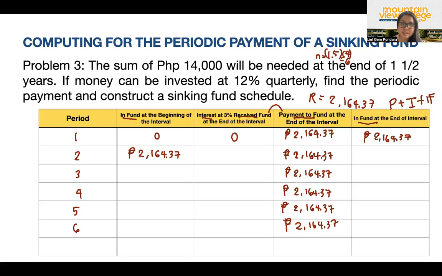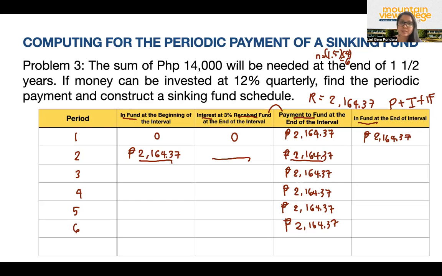So these three, you add. Let me check again. 64.93. Yes, that's it. For the in fund, you add the in fund at the beginning, the interest, and the another payment given. That will be the in fund, or we say total savings.